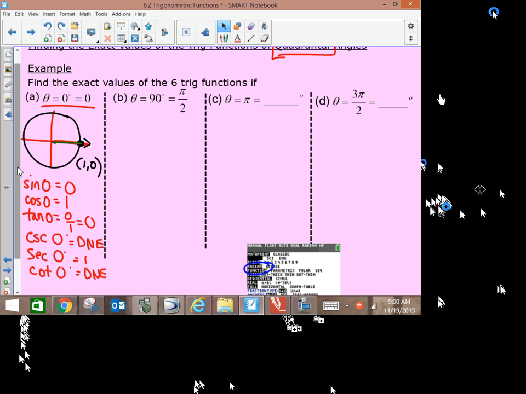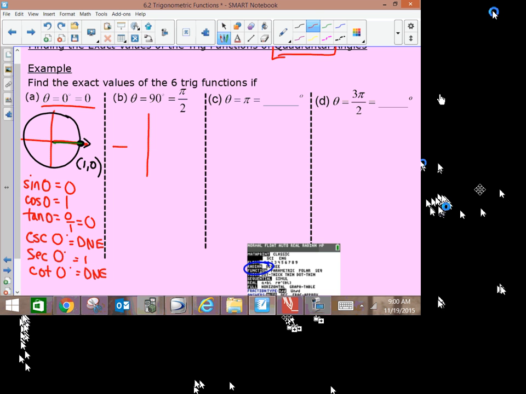Okay. So 90. Where's 90? Which is pi over 2. That lands here, right here. Okay. Again, we did cosine 30. We did sine 60.